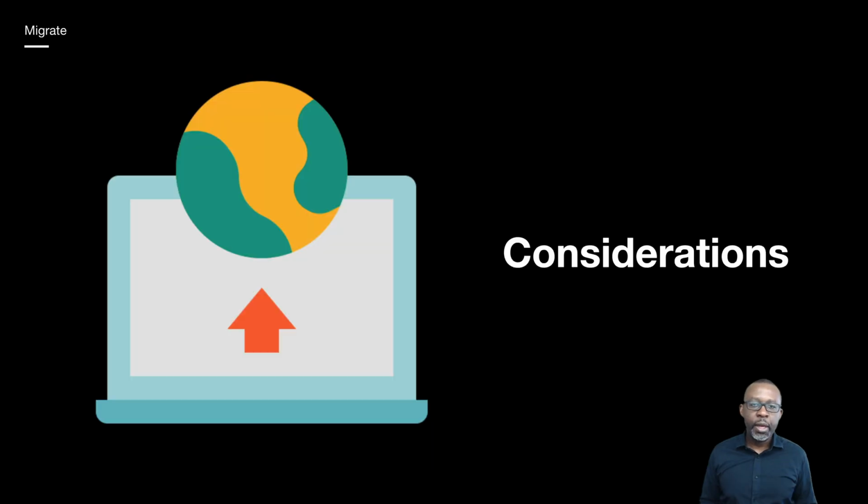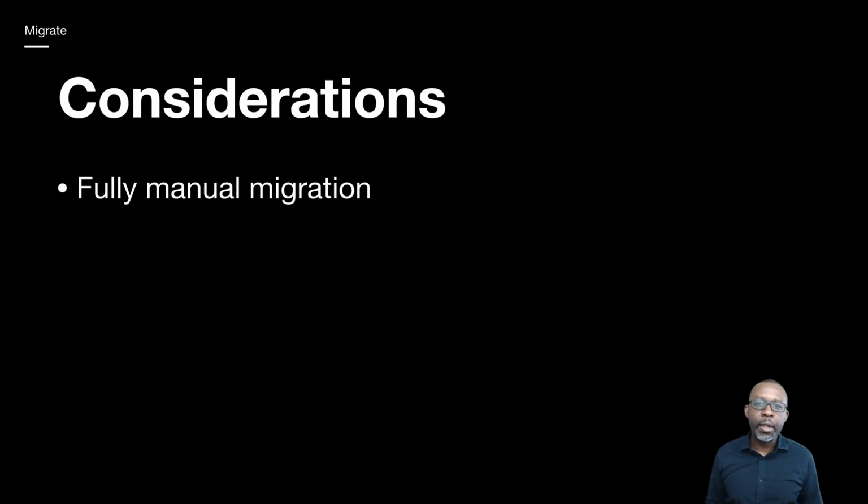migration. During the migration phase, we need to consider carefully how the migration will be performed. We could, for example, decide to migrate our workload in a manual manner. While that may be suitable for a handful of applications, it may be infeasible where there are many applications and virtual machines that need to be migrated.